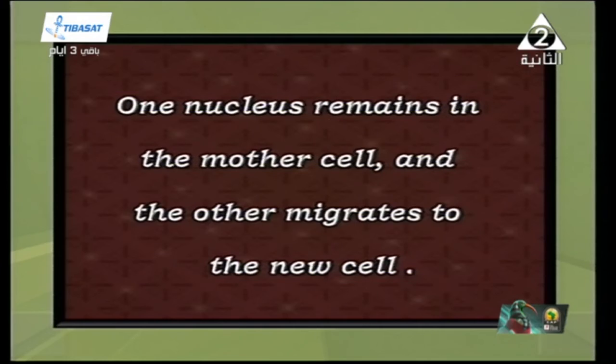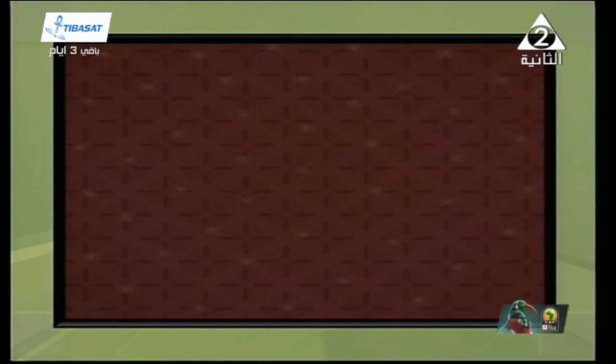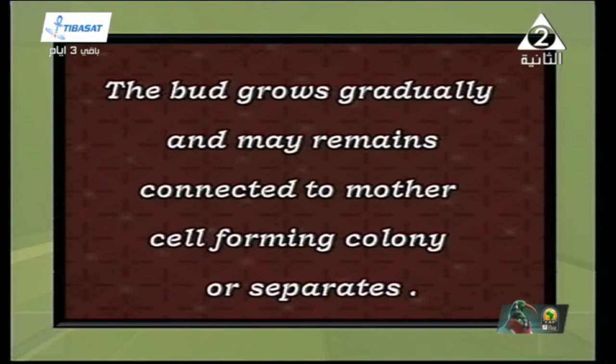It may separate absolutely from the mother cell, or it can still stay attached to the mother and form something called a colony. So the bud grows gradually, and it may remain connected to the mother to form a colony, or separate to form a new individual. This is the meaning of bud.